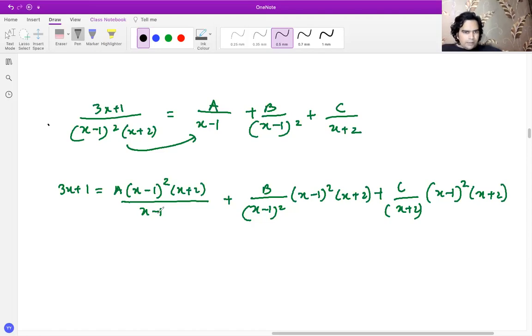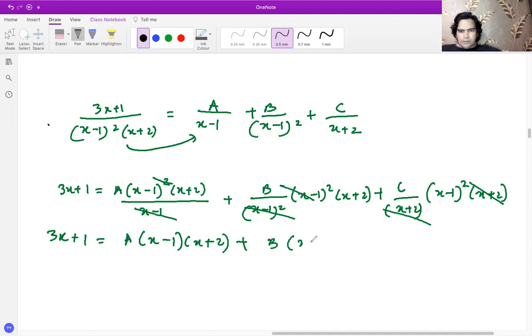As a result, one of the x minus 1 factors cancels, then x plus 2 cancels. Now what we get is 3x plus 1 equals a times x minus 1, x plus 2, plus b times x plus 2, plus c times x minus 1 the whole squared.